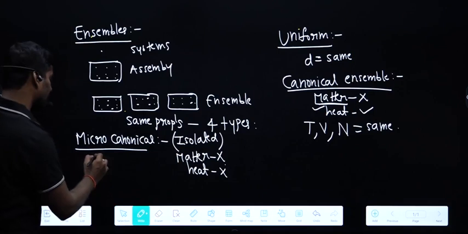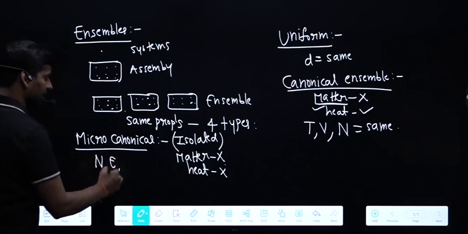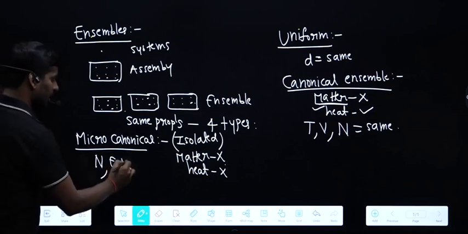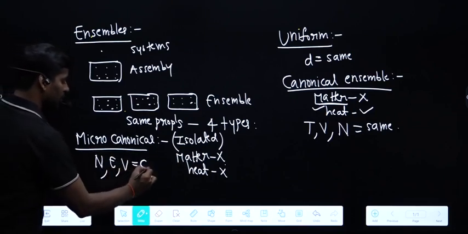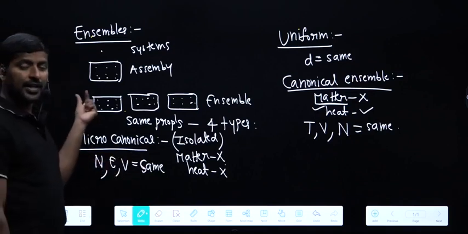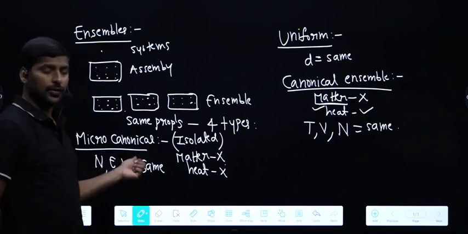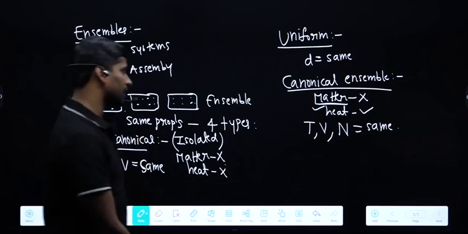As there is no exchange of matter, N remains constant. As there is no exchange of heat, energy remains constant, and volume is common in each case. So if E, V, N remain the same, each assembly is characterized by the same E, V, N values, and that is called a microcanonical ensemble.